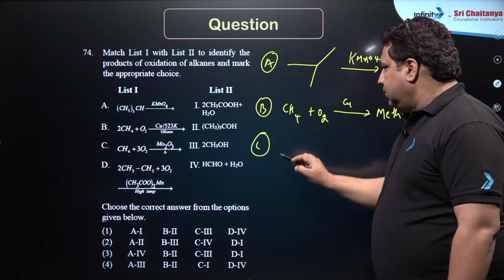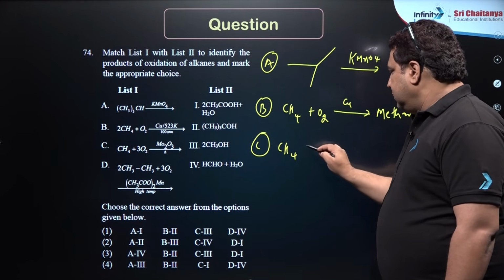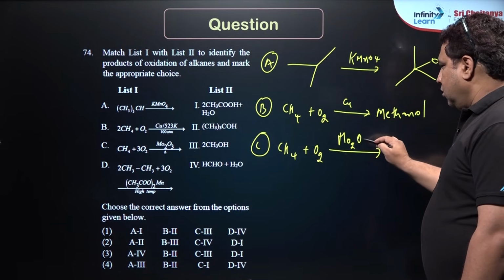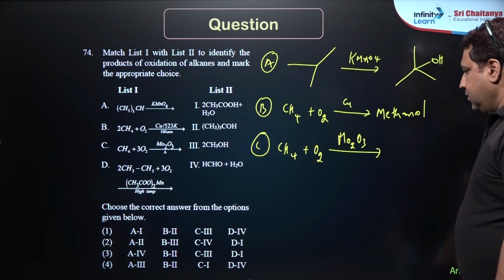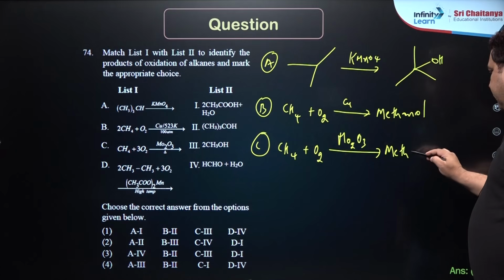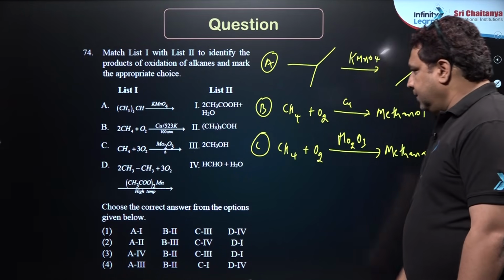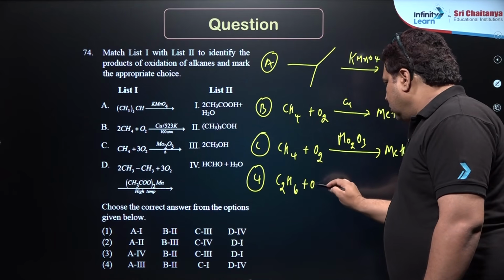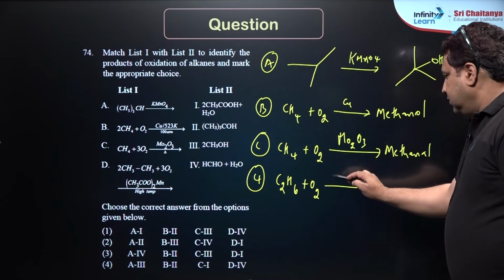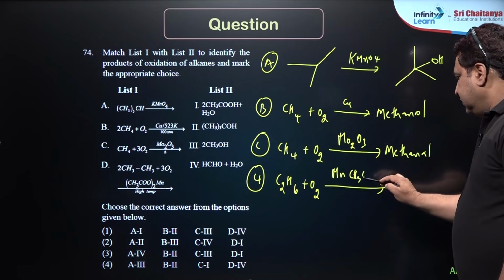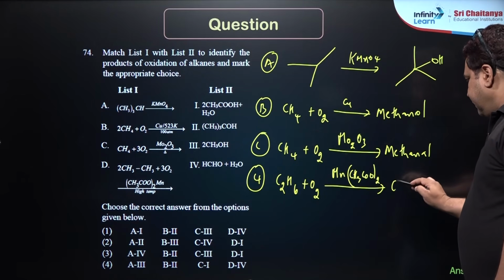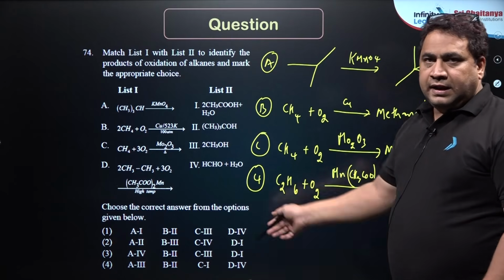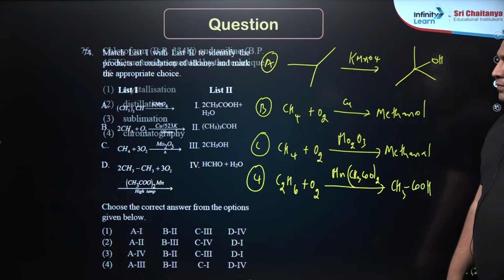Option C, methane on oxidation with molybdenum oxide, right, will give methanol. Option 4, ethane on oxidation with manganese acetate will give you acetic acid. So, you can directly match the answers.